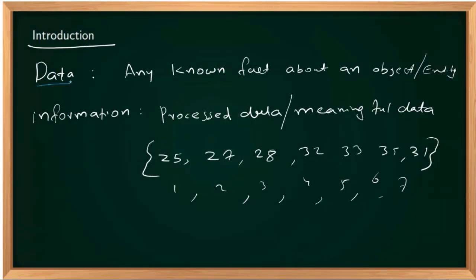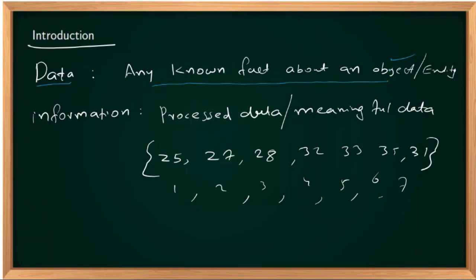Data. We know that data is everything, everywhere, a common thing. The definition of data is any known fact about an entity. Entity or object means anything in the real world.